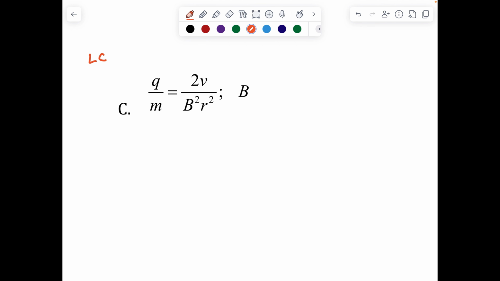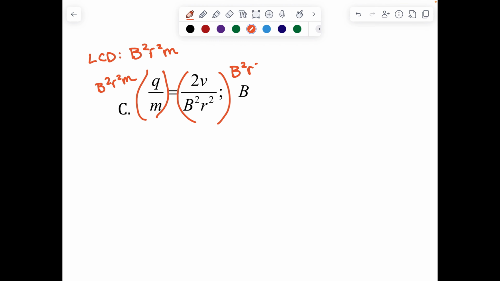So our LCD is going to be B squared R squared M. We're saying B squared R squared M times the left, B squared R squared M times the right. So our M's cancel. I'm left with B squared R squared Q is equal to, over here everything except our M's cancel, so 2VM.